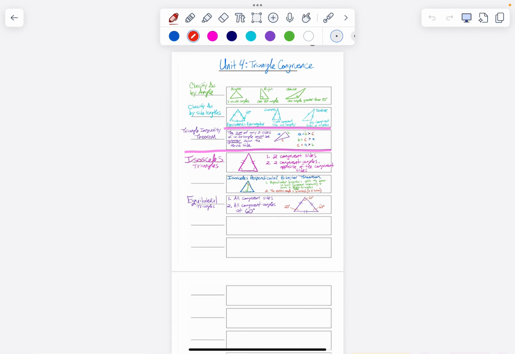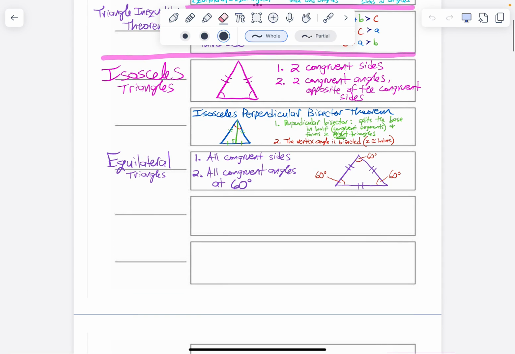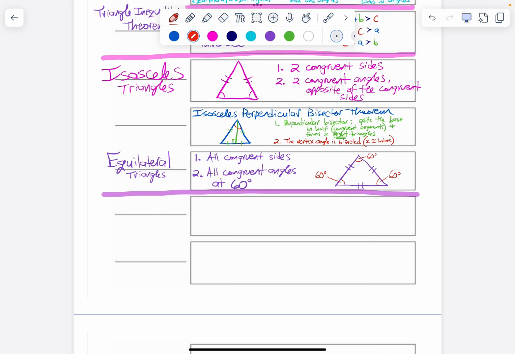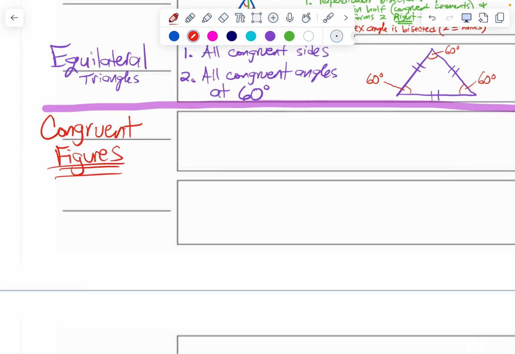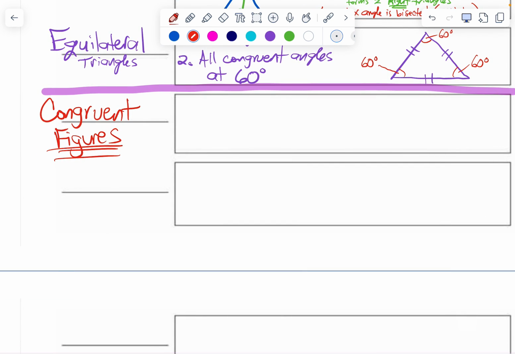And go grab your notes and let's start putting that on here. Okay, so congruent figures, we'll get specifically into triangles here shortly, but congruent figures. So this is no longer just lengths or angles.